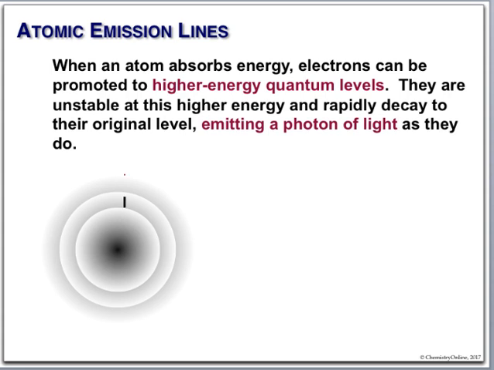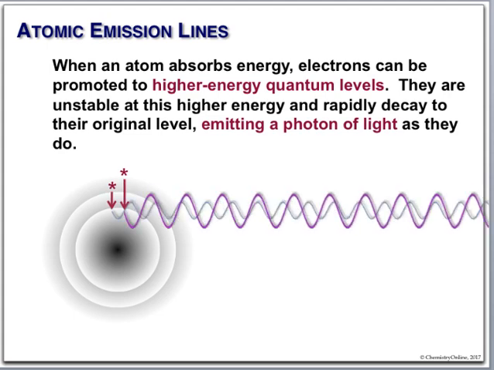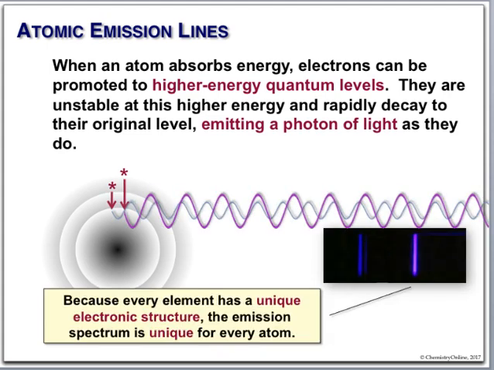So let's do that. They pop up, they're now up here that used to be down there. Now that's a very unstable place for them. They don't want to be out here, they want to be back home. So they will then return home, and as they do, they emit this energy as light.